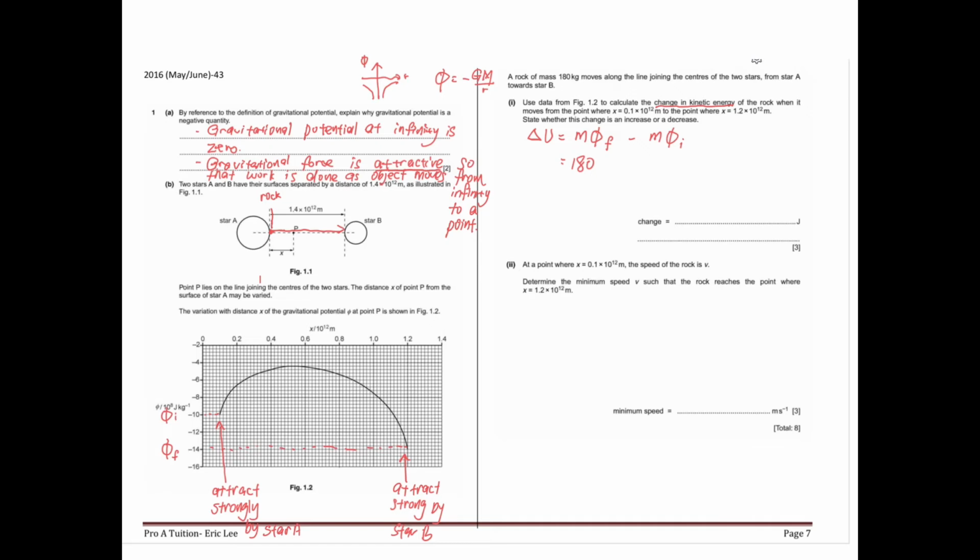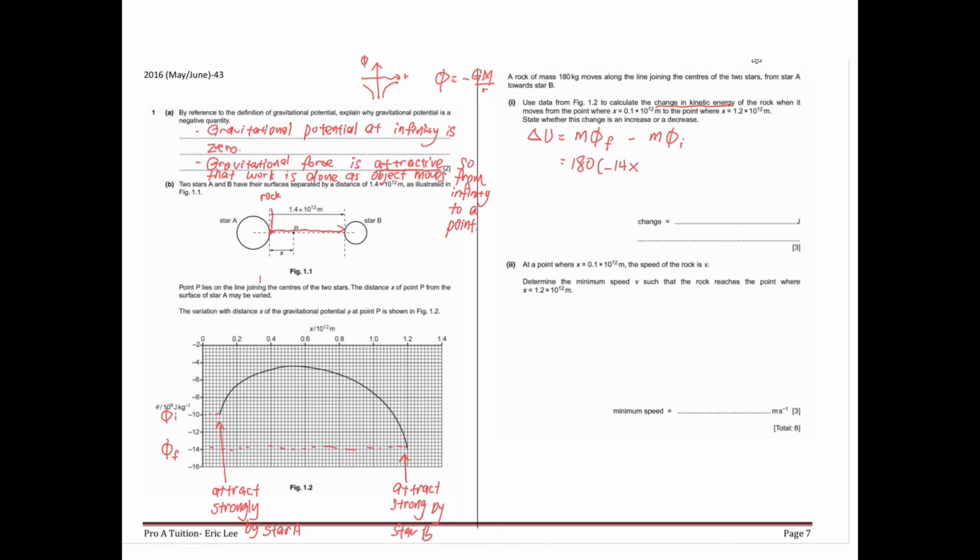Okay, as the rock moves from here to here, that means we start from here to here. So this is the initial and this is the final. Let us substitute into the formula. The final phi is -14.